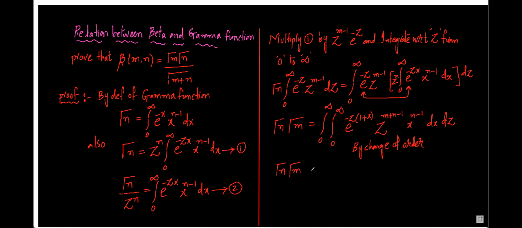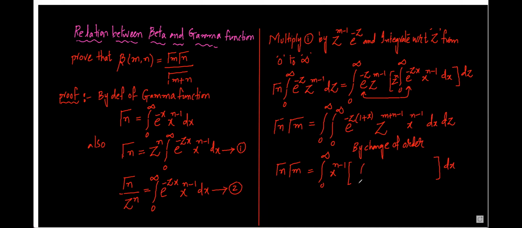Gamma of n is equal to integral 0 to infinity, x to the power of n minus 1 is a separate term, and for this we have dx. Then the remaining terms, whatever we are having, we have to write.